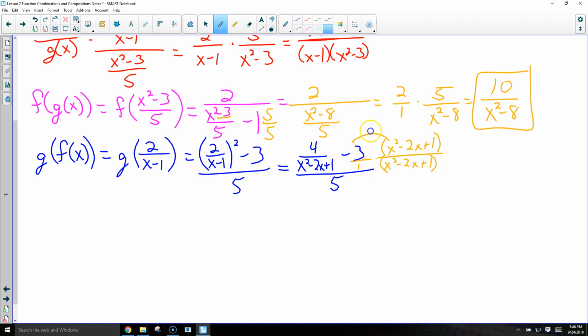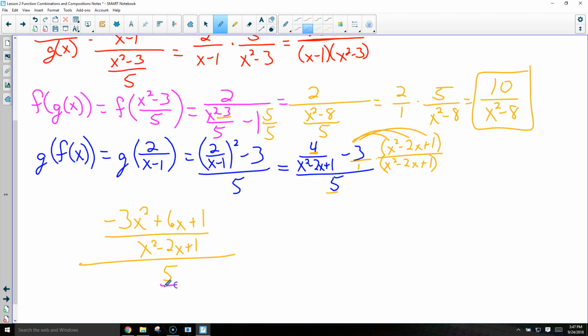So I'm going to distribute here inside, and I would end up with negative 3x squared plus 6x, and then negative 3 times 1 is negative 3, and then I'm going to go ahead and add that 4 onto it, gives me plus 1, all over x squared minus 2x plus 1, all over 5, because I still have that 5 down here.